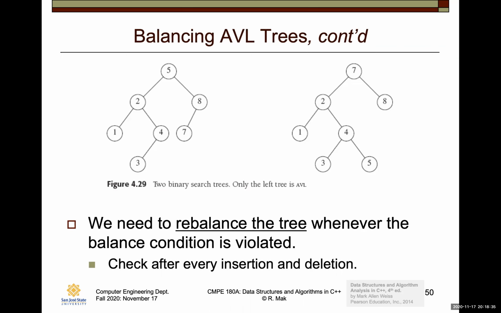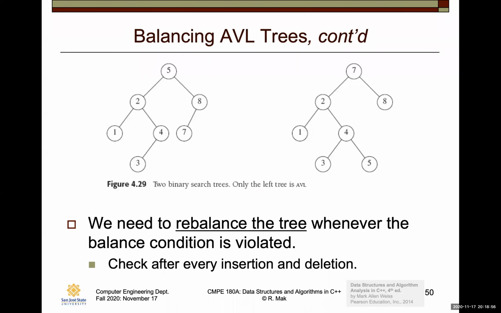All right, so you already know how to insert and delete from a binary search tree, and the resulting tree is still a binary search tree. Now we have an extra condition that it has to be a balanced binary search tree.